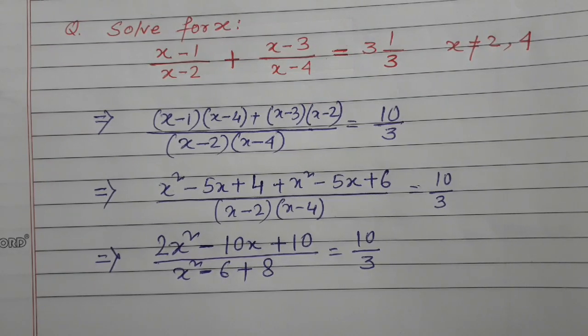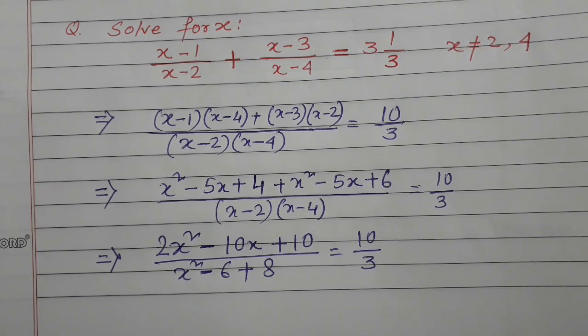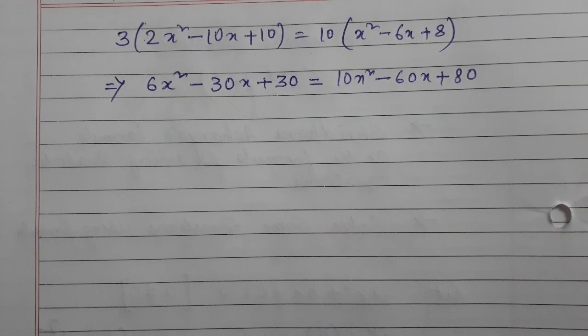And hence after doing further simplification we will get this equation. And after the cross multiplication we get this equation: 3 into 2x square minus 10x plus 10 equals to 10 into x square minus 6x plus 8. And after again further simplification we get this equation.